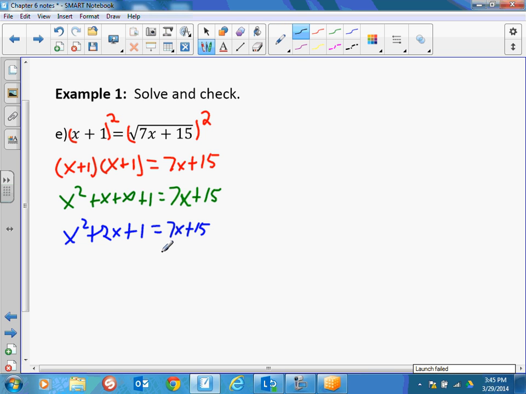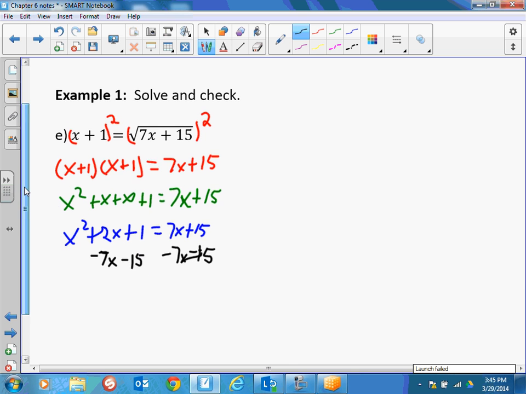So let's set it equal to 0 by subtracting 7x from both sides and subtracting 15. That's bad. Let's just start over. Subtracting 7x. I'm just going to make it work. And subtracting 15.